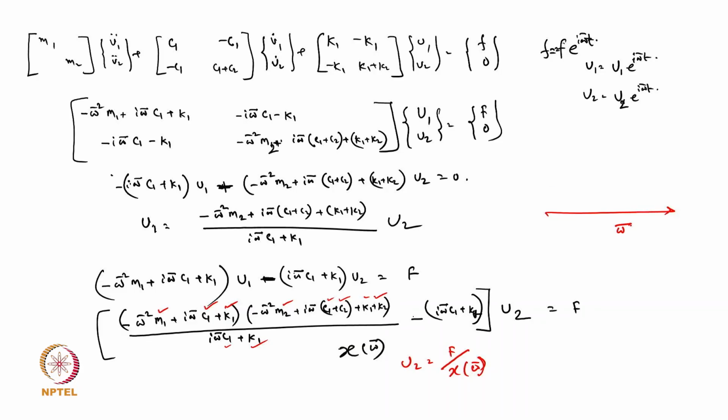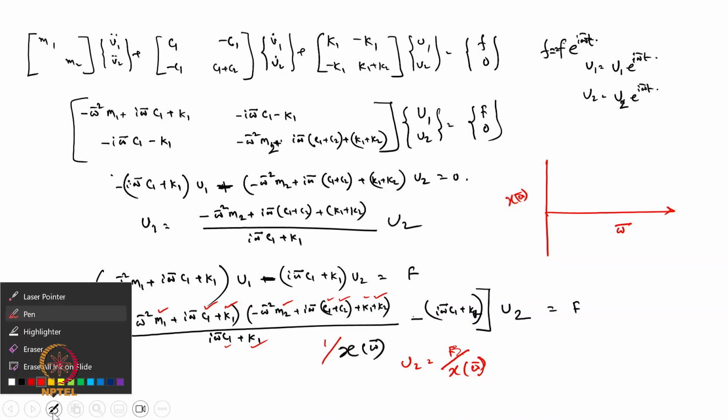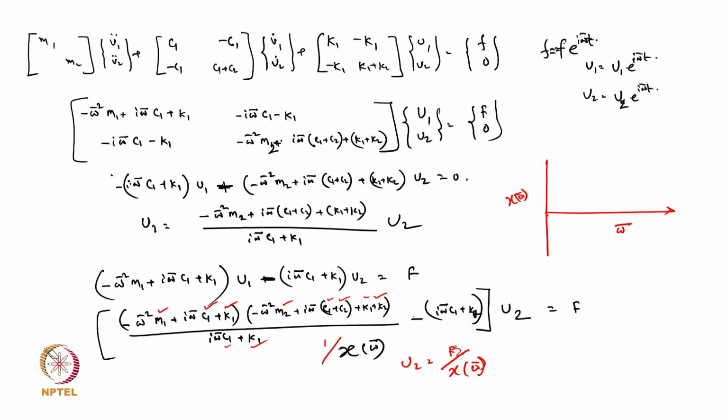Okay, so you can plot that function also, and see how the function actually looks. Obviously, once you plot it, your x-axis should be omega bar, and you plot that function of omega bar and see how the responses are. Or you can write it in a different way also, meaning you can say this is 1 by this, and that is actually a better way to do it.